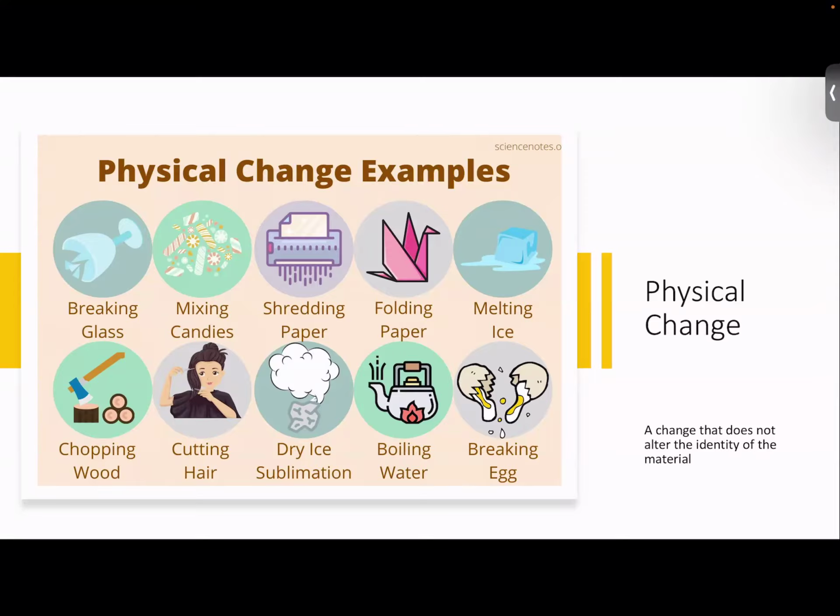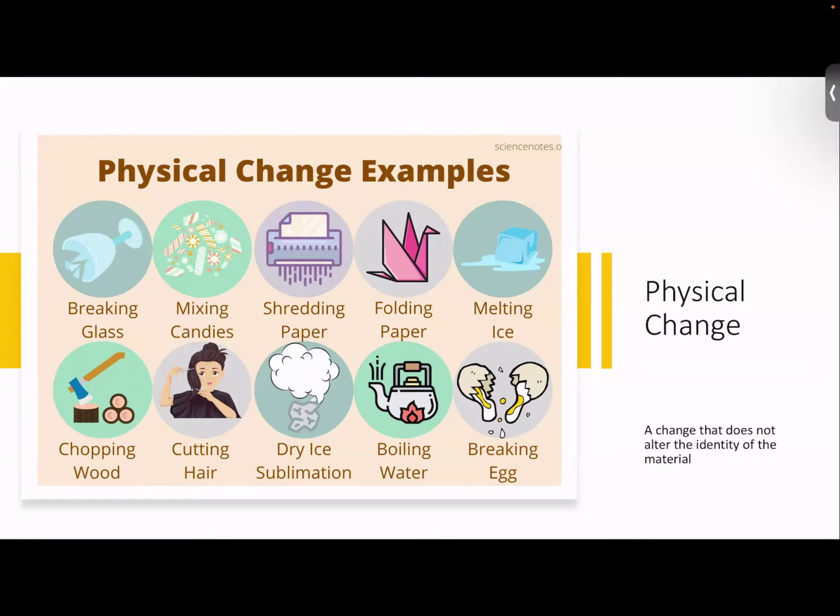Origami. We didn't change the paper. We just changed the arrangement of the paper. Breaking glass. Technically, we haven't changed the glass. It's still glass. It's just now in pieces. Even cracking an egg.